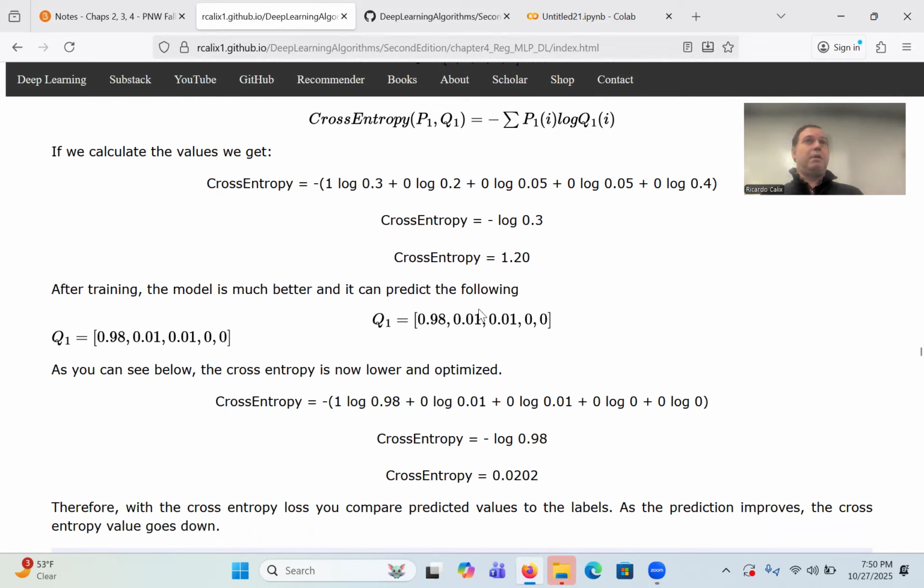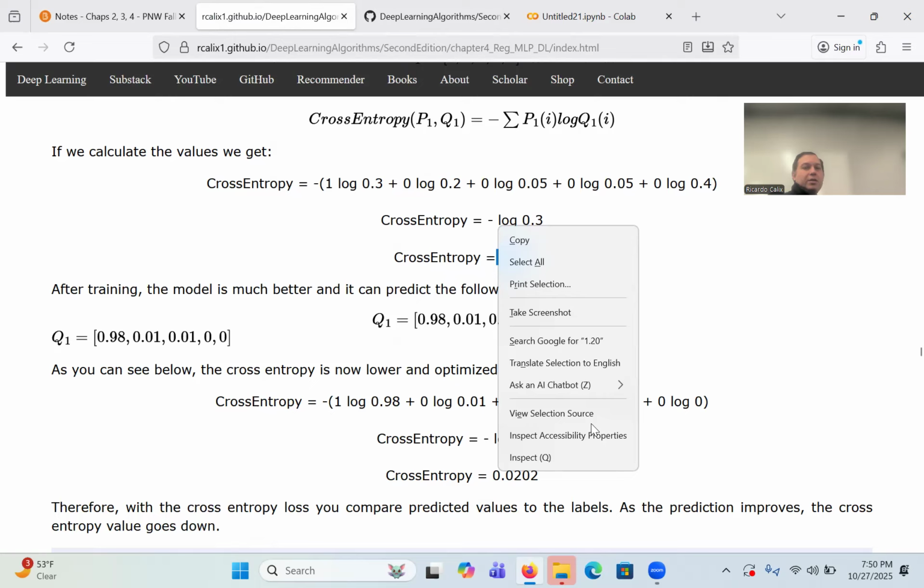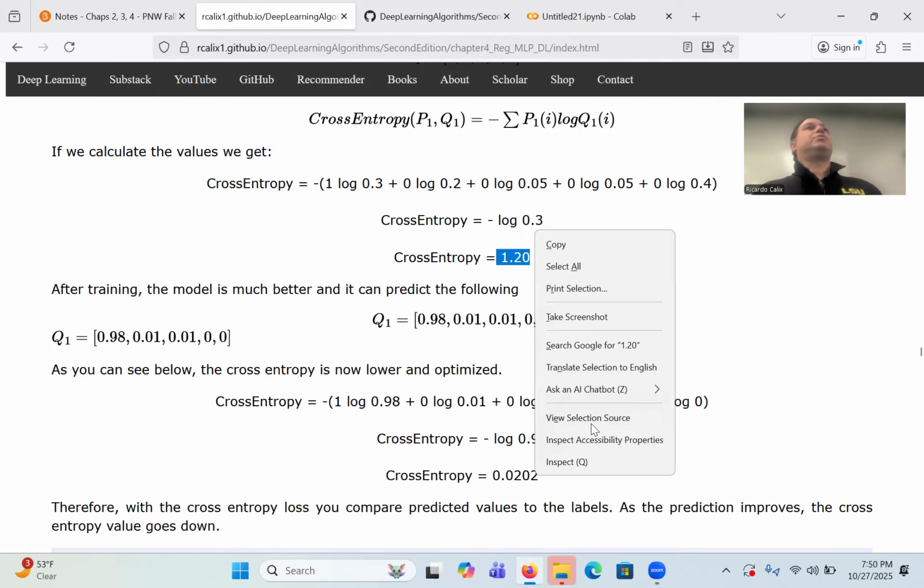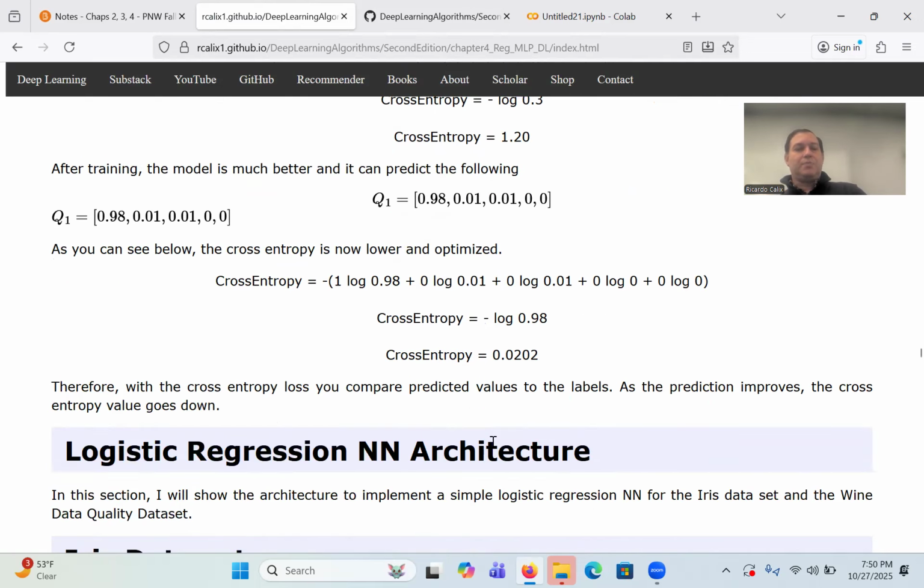The second one, right? So here you can see the loss started at 1.20, which is usually what you guys have seen, right? And then it started to go down, and it finally starts to plateau at 0.02. We are optimizing cross entropy to reduce that loss.